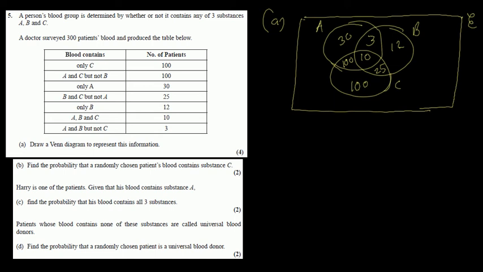Now, we have filled up the Venn diagram, but we just don't know this region yet. So this is going to be 300 minus this. So let's check: 100, 100, 200. Then 10, 30, 40, 43. Then we have 25 more.